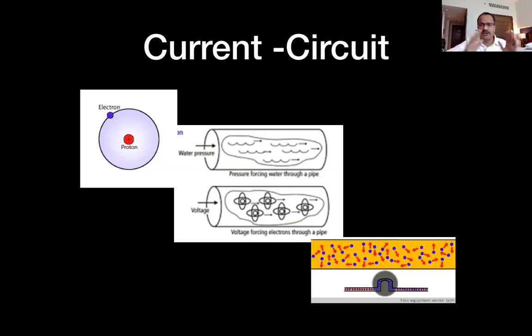So when you increase the potential, that means when you increase the voltage, more current will flow. And circuit is just the path in which these electrons travel. So here we have been able to learn two terminologies. One is current, that is the number of electrons passing, and second is voltage, that is the difference in the potential.